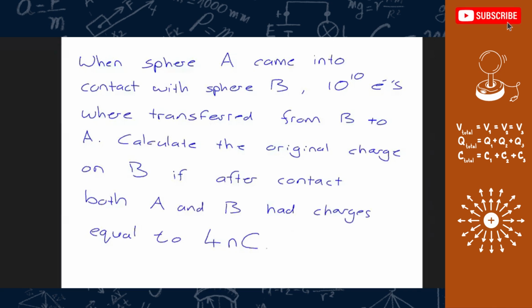So we have another example here. It says when sphere A came into contact with sphere B, 10 times 10 to the power of 10 electrons were transferred from B to A. They want us to calculate the original charge on B if after contact both A and B charges are equal to 4 nanocoulombs.